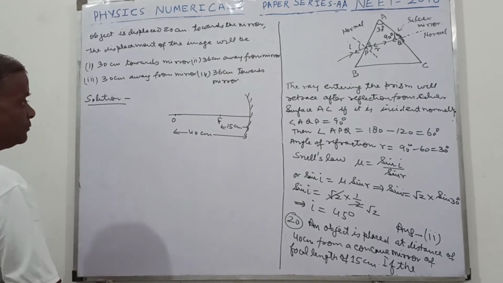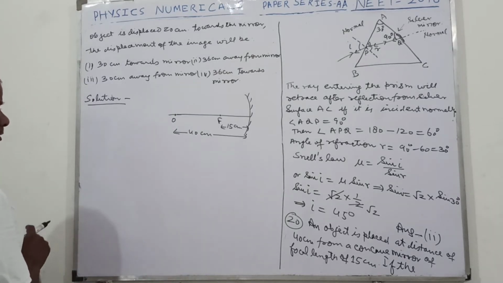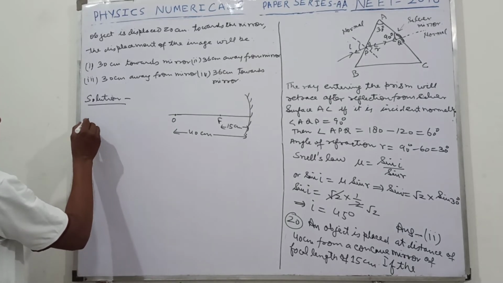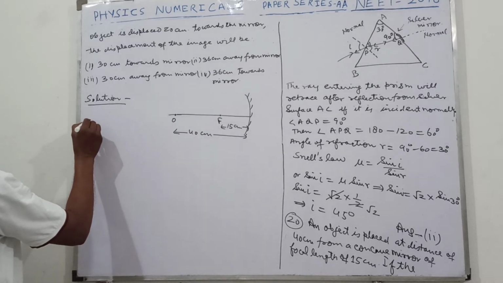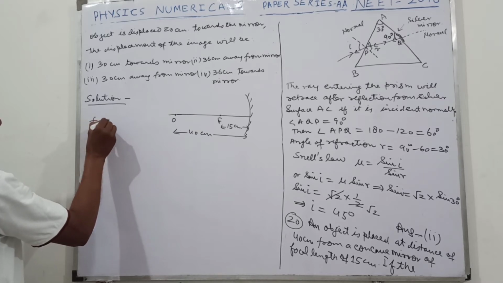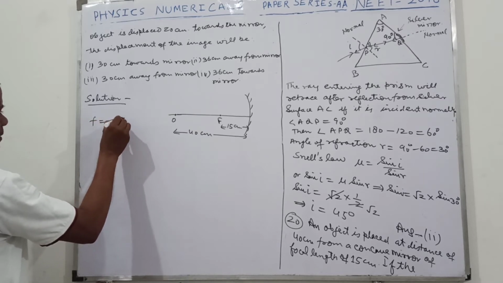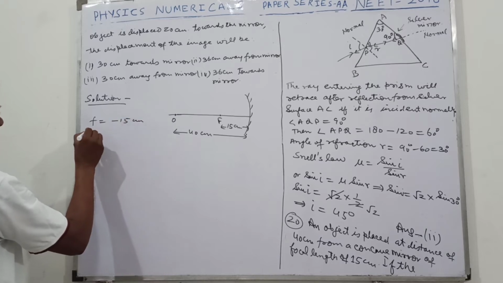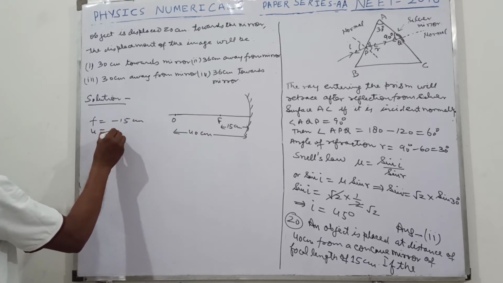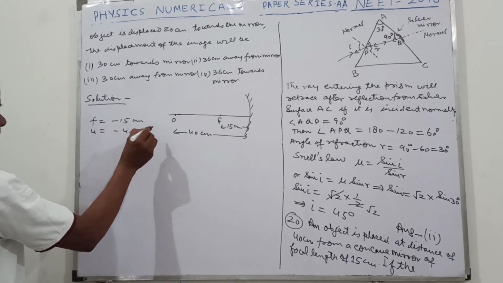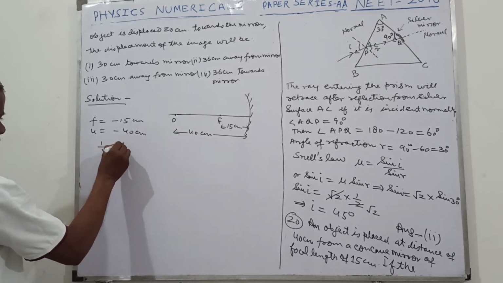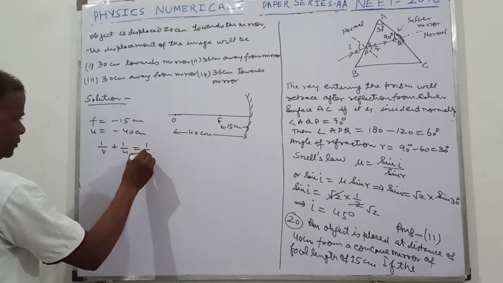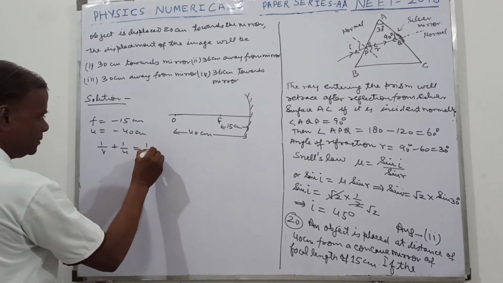So for the first time we find the position of the image. f is equal to minus 15 centimeter, u equal to minus 40 centimeter, all negative. 1 upon v plus 1 upon u equal to 1 upon f.